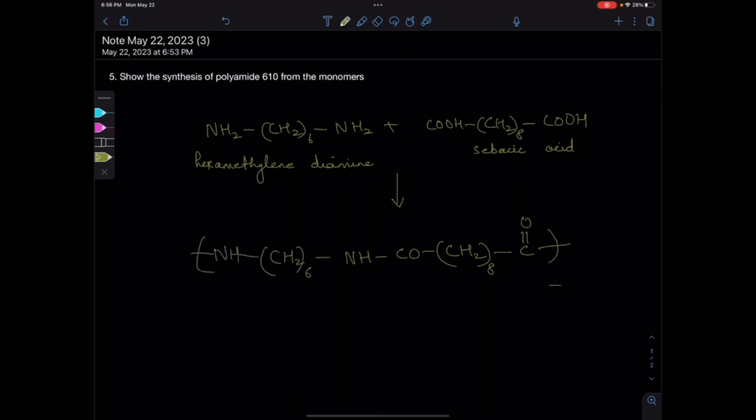So two molecules of water are eliminated from either side, and this is nylon 610.